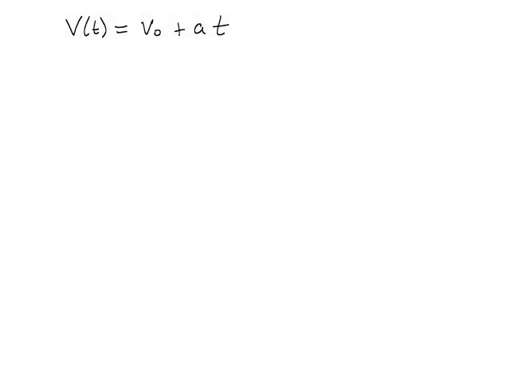Now we're going to continue our derivation of the kinematic equations right where we left off. And here I'm going to utilize the fact that velocity is the first derivative of the position with respect to time. Now when I plug this back in, I'm just going to be left with dx over dt.